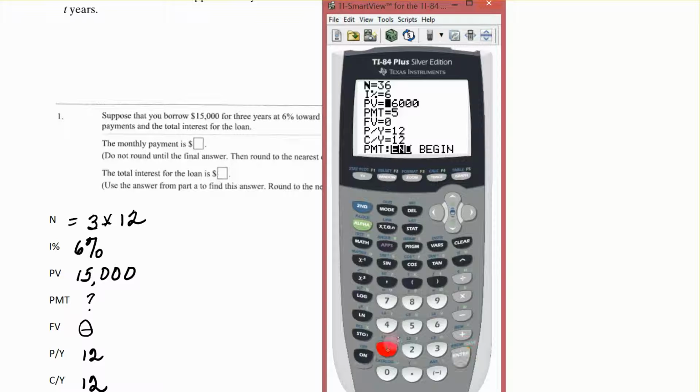Present value, 15,000. Payment, we'll skip that. Future value, 0. We want to pay off the loan. This is paid monthly, so the 12s are already correct. So I'm going to go back up to payment, do alpha, enter, and move my cursor off of that.